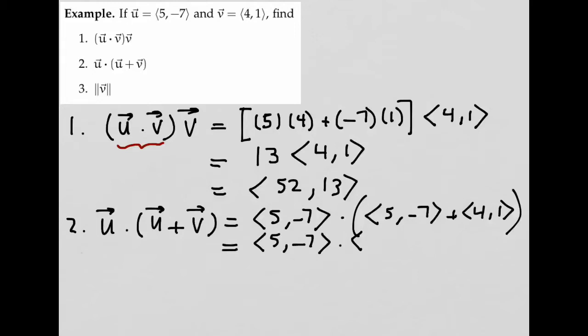And we do this component-wise, so we add the vectors component-wise. 5 plus 4 is 9, and minus 7 plus 1 is negative 6.